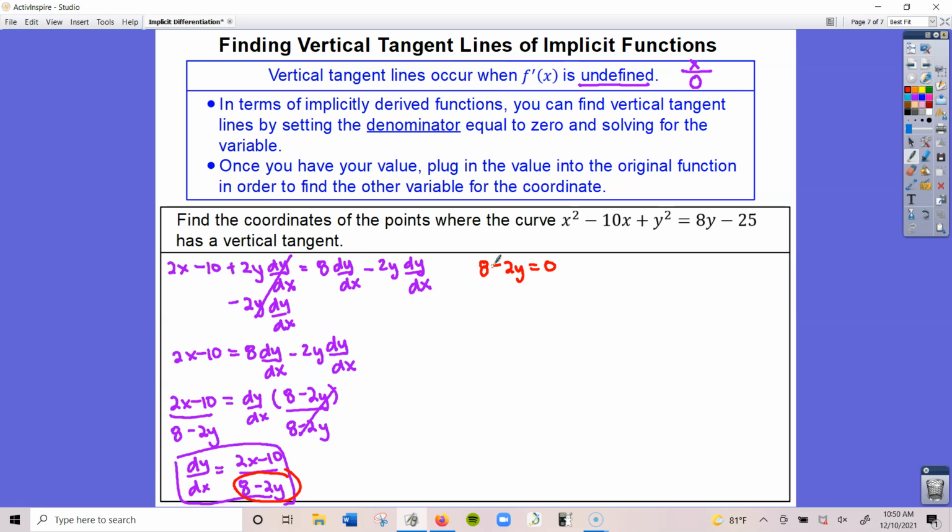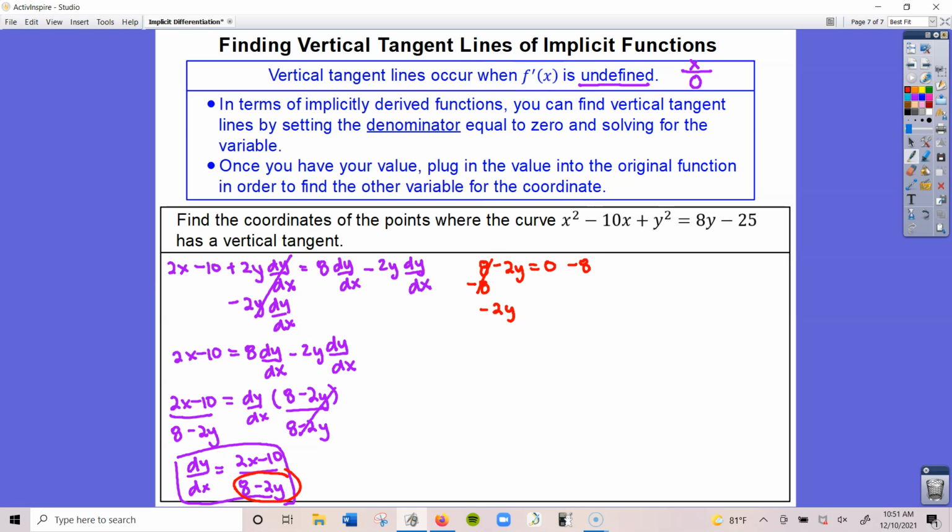You're always just going to solve for the variable of wherever it is you're looking for. So if I'm doing my vertical tangent, you're solving for whatever variable is in the denominator. If you're looking for your horizontal tangent, that means you're solving for whatever variable is in the numerator. It does not matter.